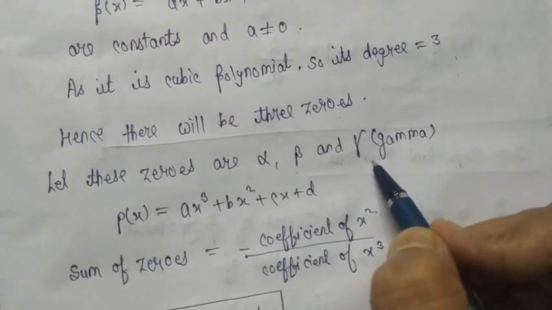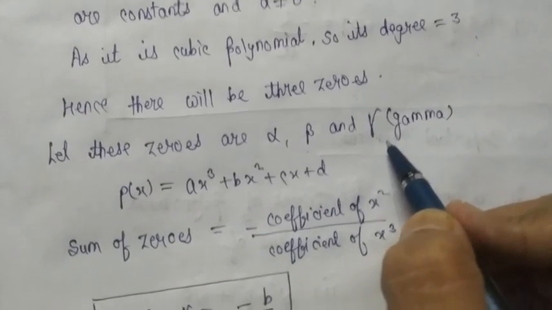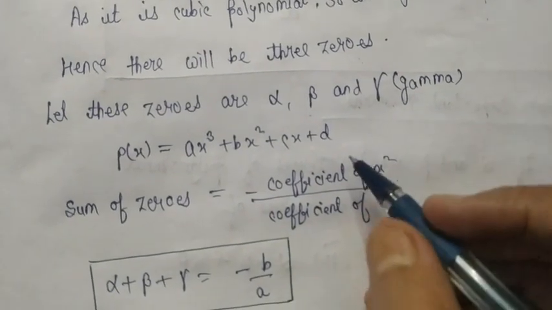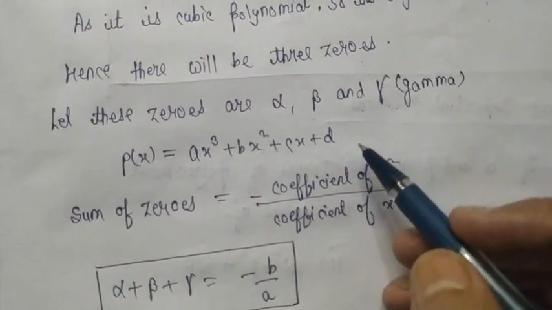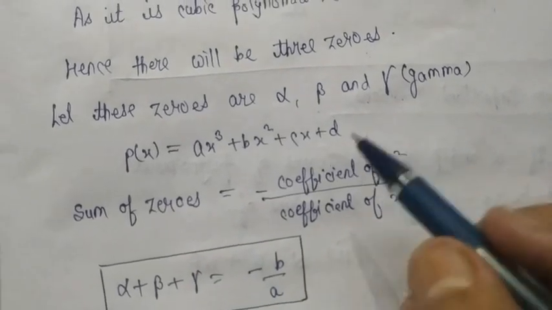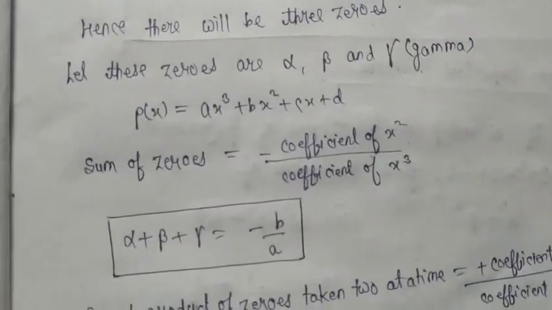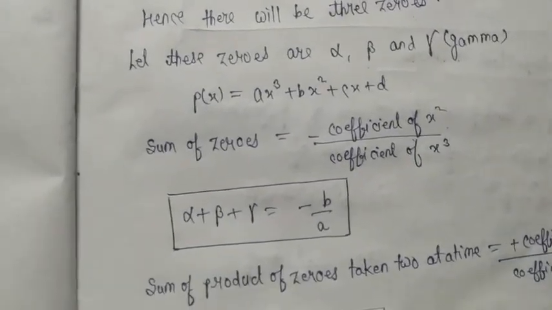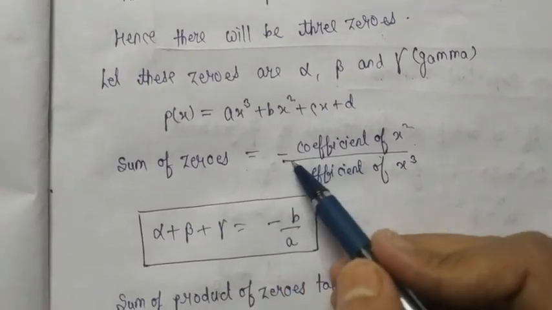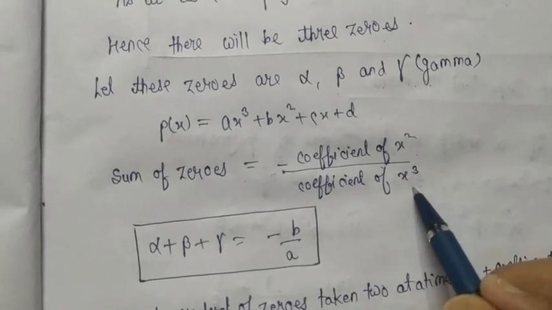Okay, so whatever we have studied in the quadratic polynomial, the same we will study in the cubic polynomial. I told you the proof for the quadratic polynomial, how the sum of the zeros comes, how the product of the zeros comes. The same method applies in cubic also. So here I am writing the formula directly, and the formula is: sum of zeros is equal to minus coefficient of x square divided by coefficient of x cube.